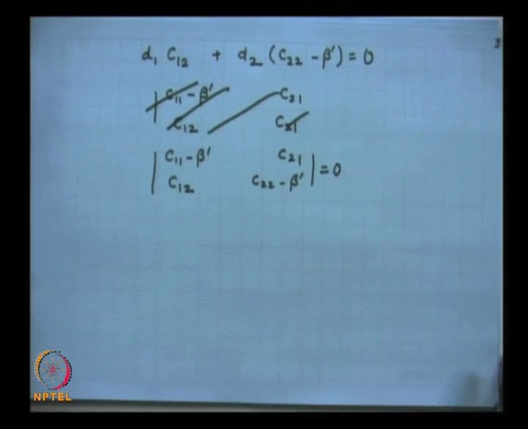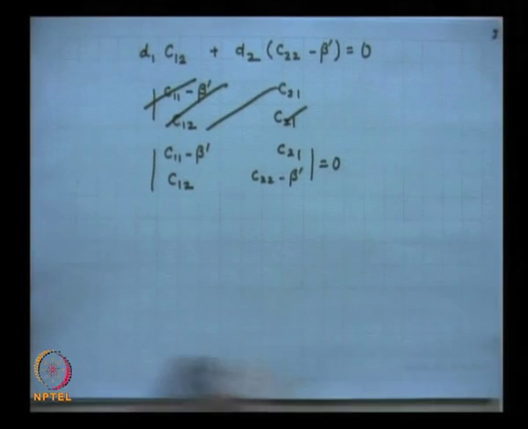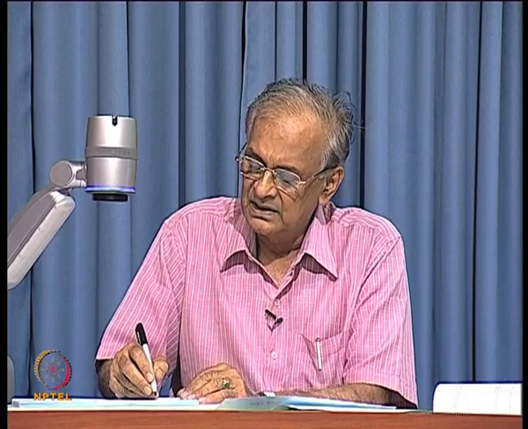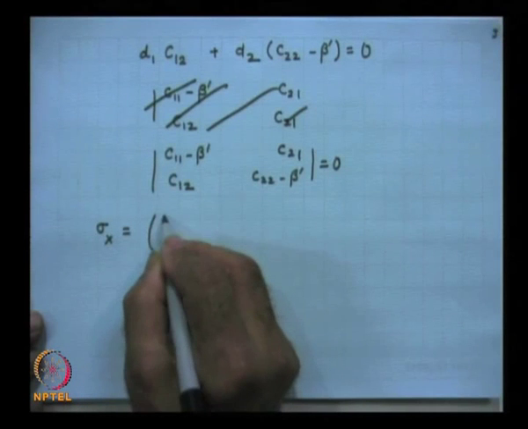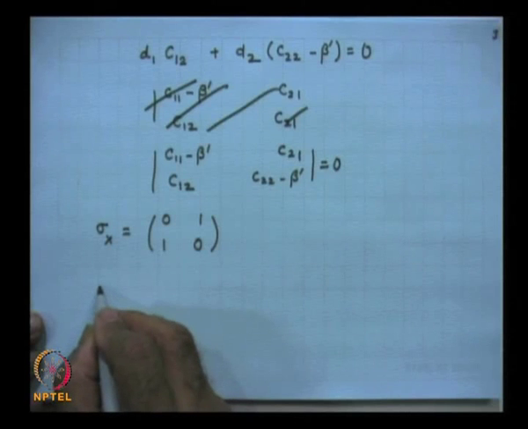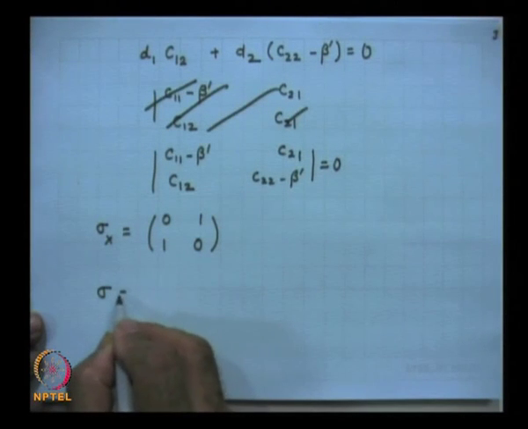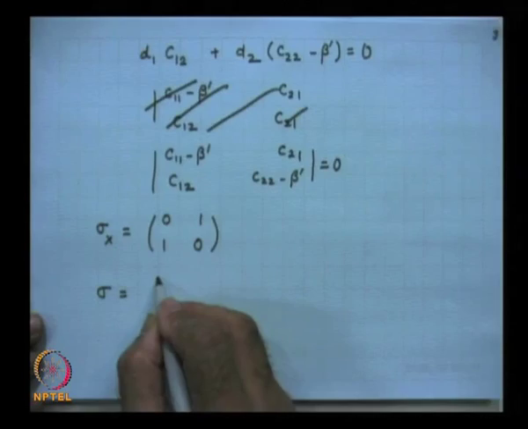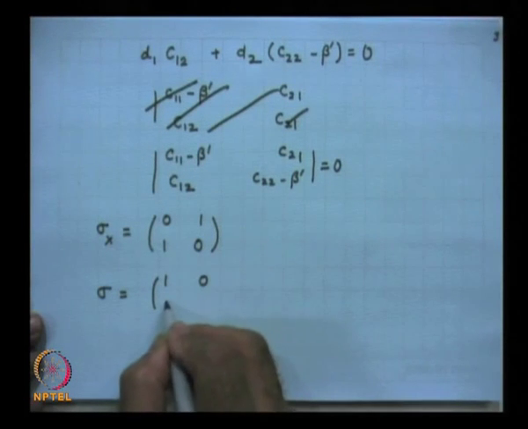So, we can always construct a set of orthonormal eigenkets which are simultaneous eigenkets of the operators alpha and beta. Let me take the same example as we had taken in our last class: sigma x is equal to 0 1 1 0 and sigma is equal to 1 0 0 1.